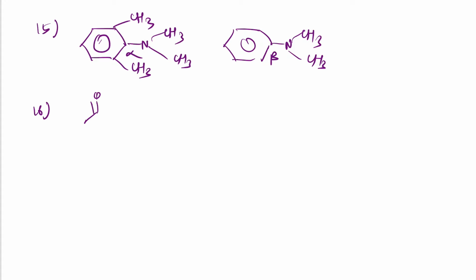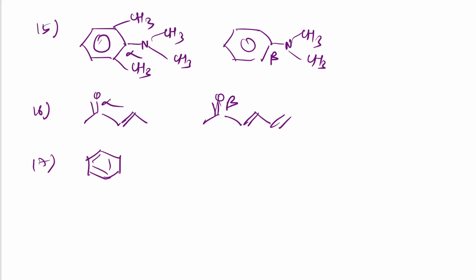And double bond O, and here we have double bond O. Here we have alpha and beta. 17th question, alpha beta. 18th question, alpha beta. Here it is gamma, and here it is delta.